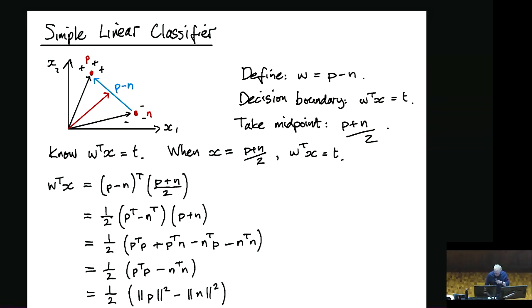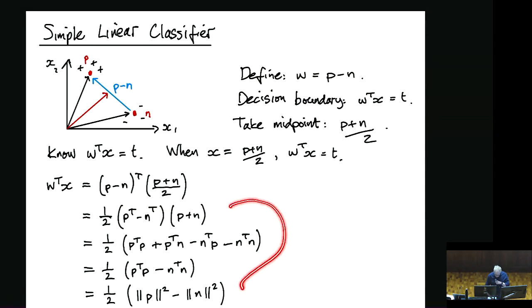Now, if we have an X that is equal to this, then it must be on the threshold, right? That's what we're saying. We're defining that as a requirement. So then what we need to do is find a solution for W transpose X given the setup. Now I'm not going to work through it like this, but on the previous slide, this is what we said it was going to look like, and you just go through the steps.